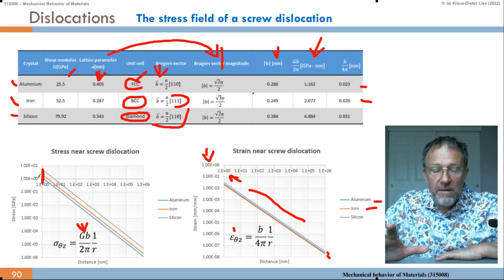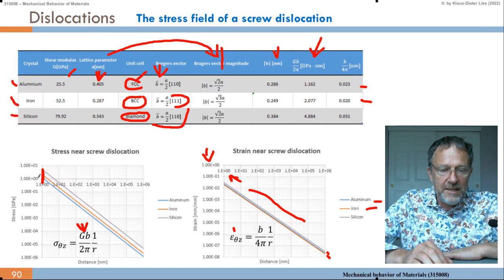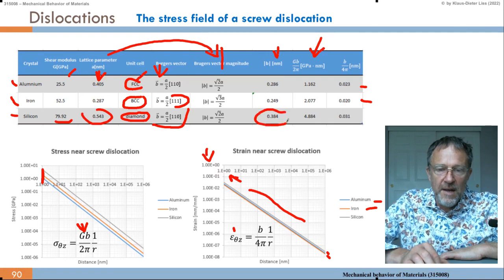This is important. If we estimate orders of magnitude, we need to know the trend. So silicon is harder than aluminium and also has a larger lattice parameter, thus larger Burgers vectors. So the stresses also become larger.